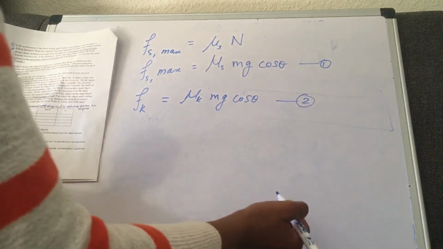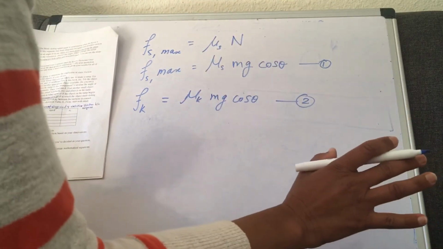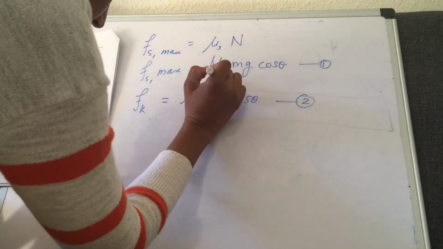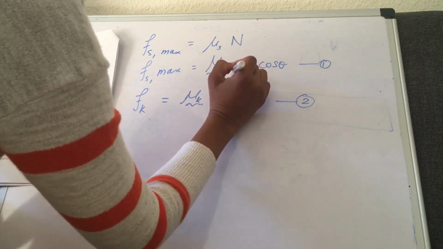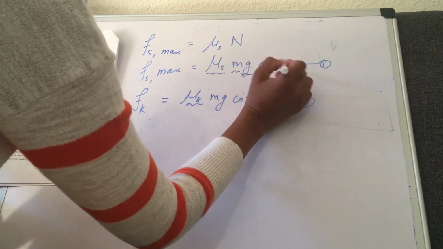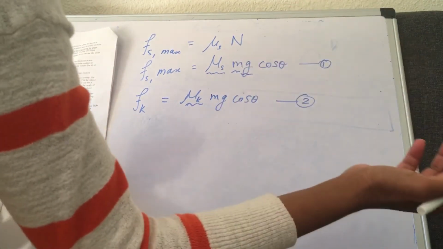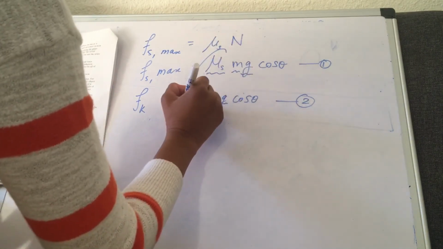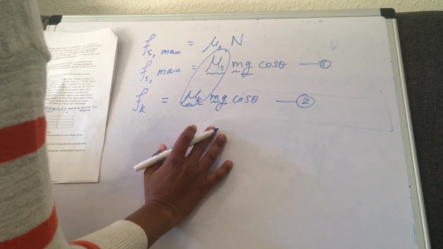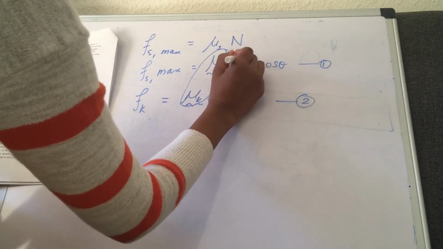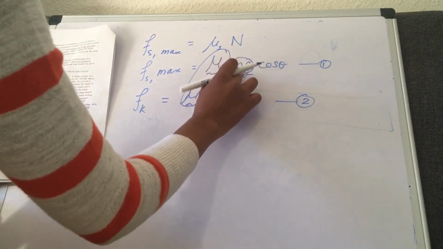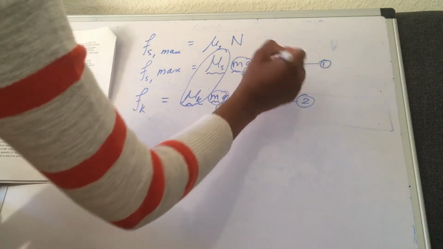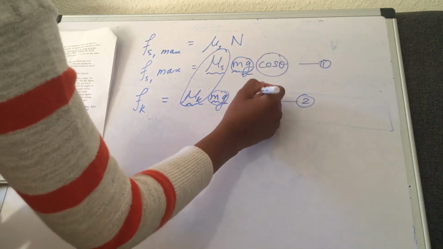If you really look at these two equations, if you are to use the simulation, you are pretty much given everything. You can choose the theta of your choice. The only things that differ are mu s and mu k. The m times g is the same number in both, and if you choose one specific angle, the cos theta part is also the same.